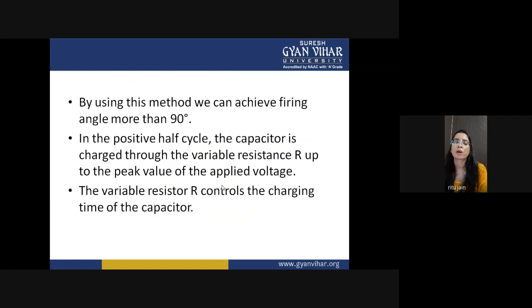If you are applying more resistance, the charging time of your capacitor will be more. If you are applying less resistance, the charging time of your capacitor will be less. So this is your capacitor, which can be controlled by variable resistance.